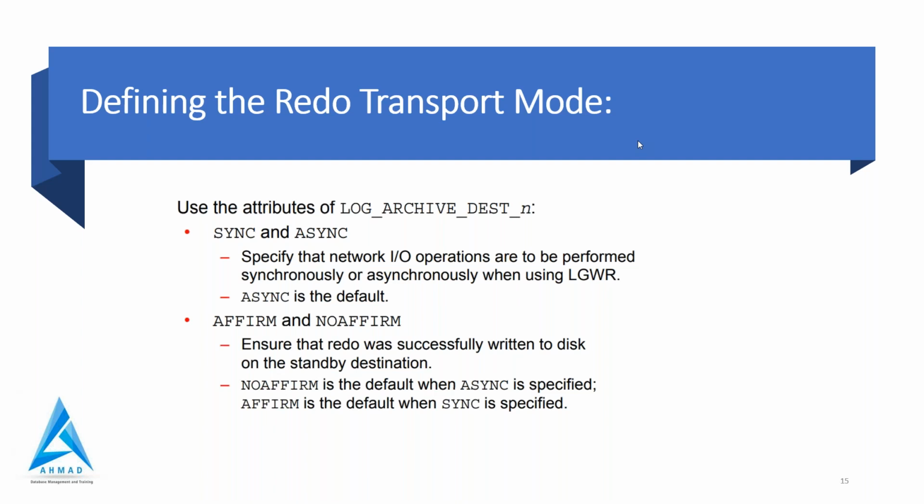No affirm is the default when async is specified, and affirm is the default when sync is specified in the log archive destination parameter. There are many attributes, almost 20 to 22, for this log archive destination, so we will discuss that in the fourth session in this Data Guard series.